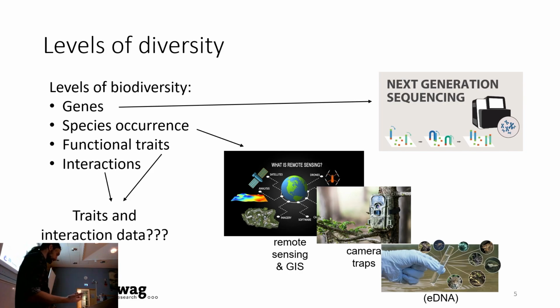And it's emerging the application of eDNA to study on a broad scale, but at a somewhat low taxonomic resolution, the species occurrences with less invasive methods. We cannot say quite the same that we found a standardized set of data that everybody wants to use and would like to study for functional traits and interactions. I would say that with organism interactions, we're even farther from this than these other technologies.